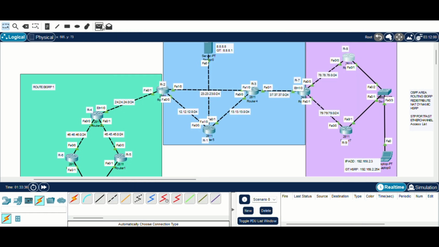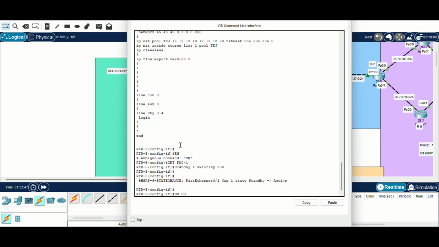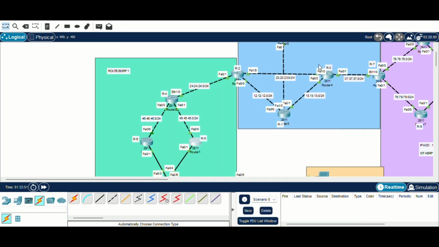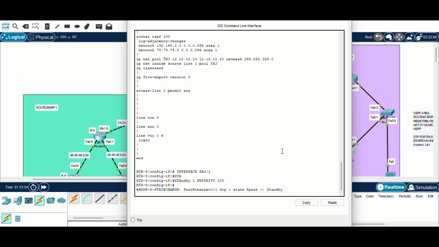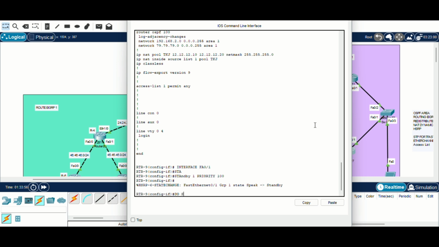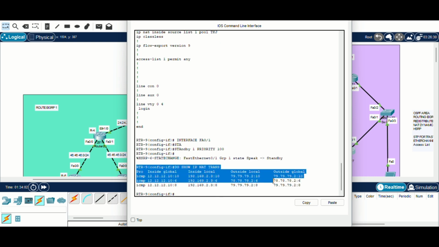So you can check, and you can check here to show IP NAT translation. Show IP NAT translation. This like that.